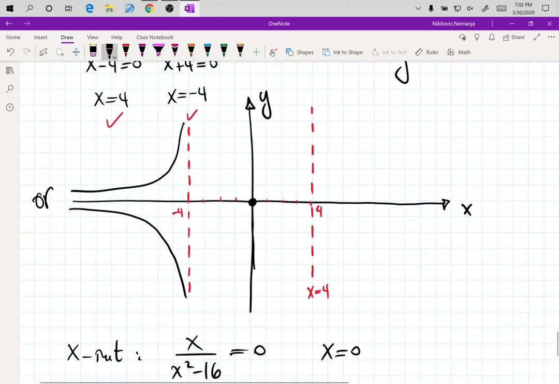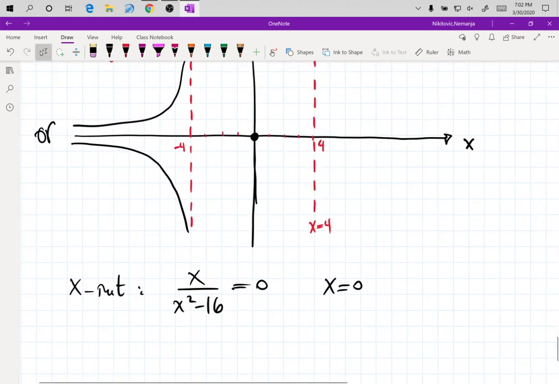Now, the easiest and fastest way to figure out which one we keep, which one we get rid of, is to compute any number from the region we are observing. I'll do -5, right? -5 is right here, and I'll use that. If I get a positive number, then I keep the upper line. If I get a negative number, then I keep the lower line because it's in a negative area.